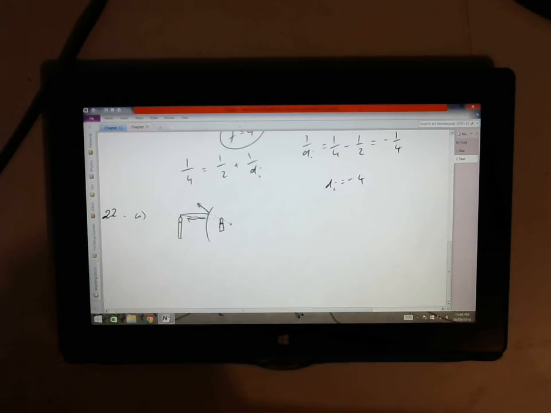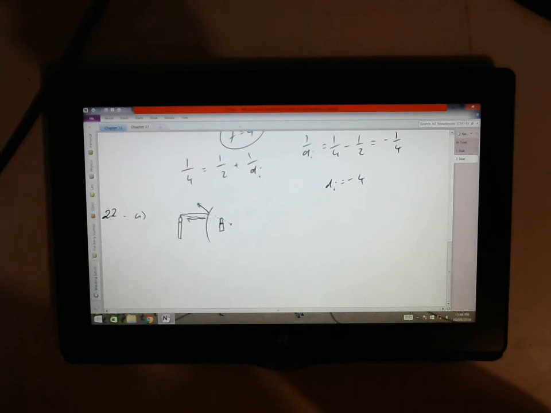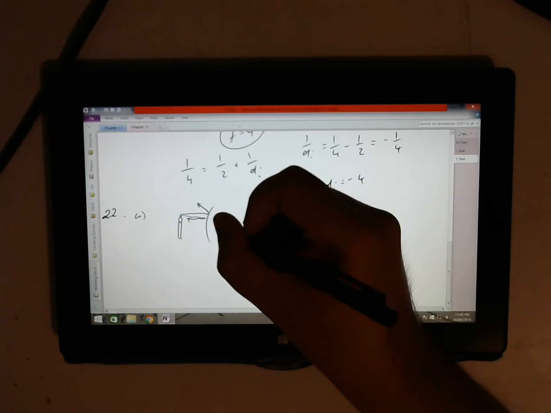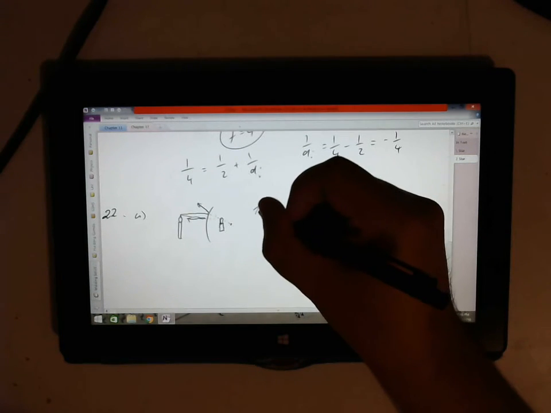Something like that. Okay, I can't draw candles either. So we would see a smaller image, okay, but because it's behind the mirror, this is a virtual image.